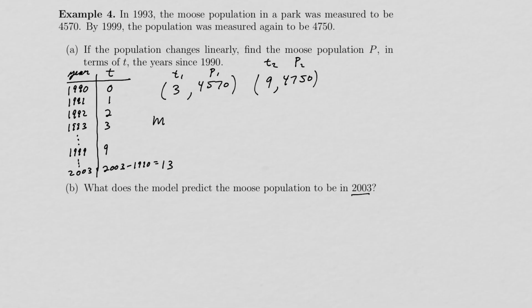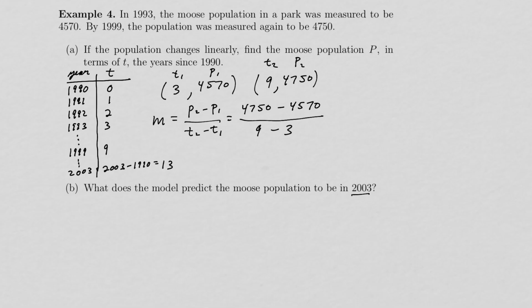So the slope must be the change in population, right? The change in the output, P2 minus P1, over the change in the input, T2 minus T1. So this will be 4,750 minus 4,570, all divided by 9 minus 3.